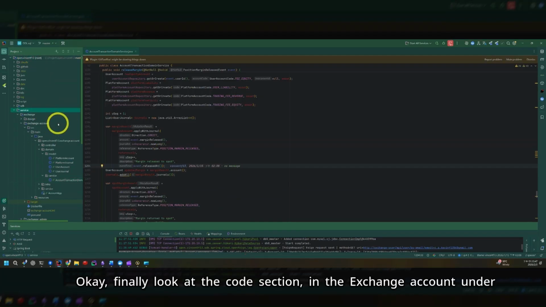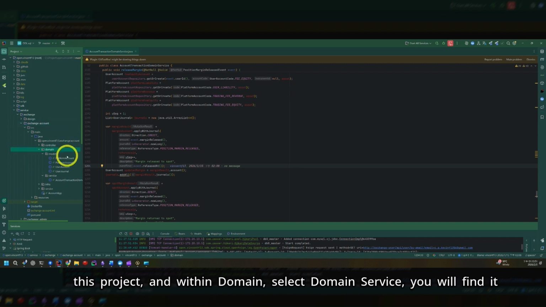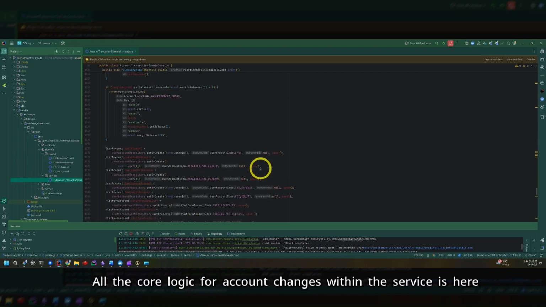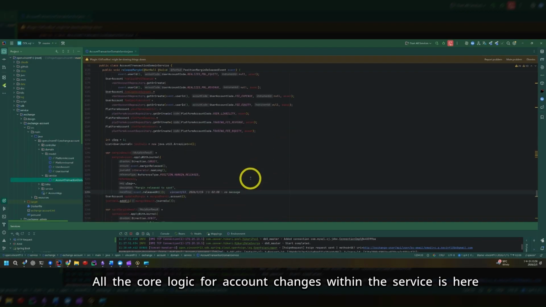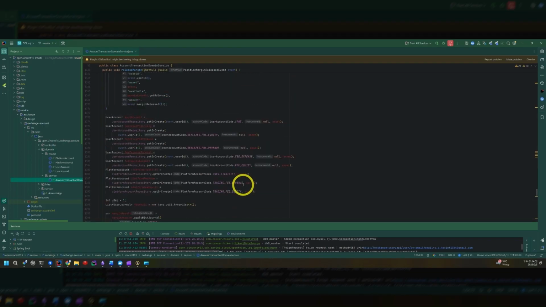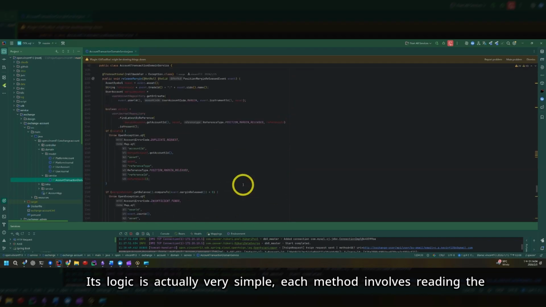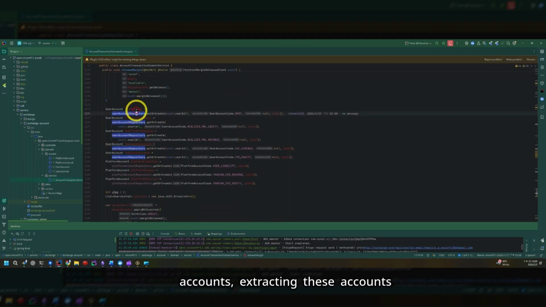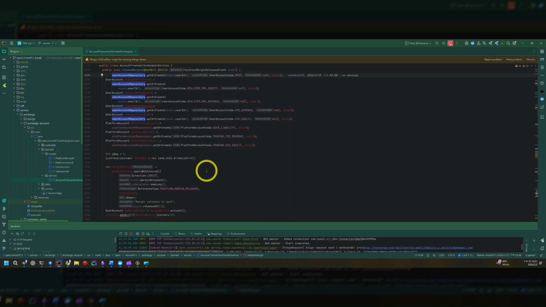Okay, finally look at the code section in the Exchange account under this project, and within domain, select domain service, you will find it. All the core logic for account changes within the service is here. Its logic is actually very simple. Each method involves reading the accounts, extracting these accounts.